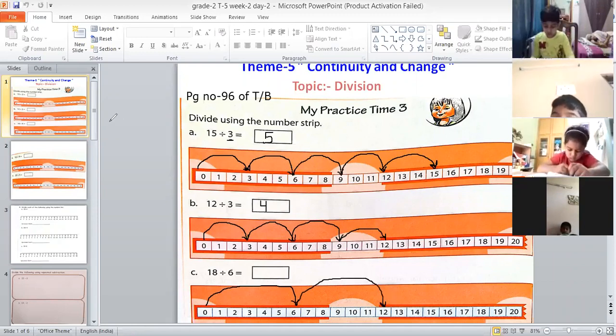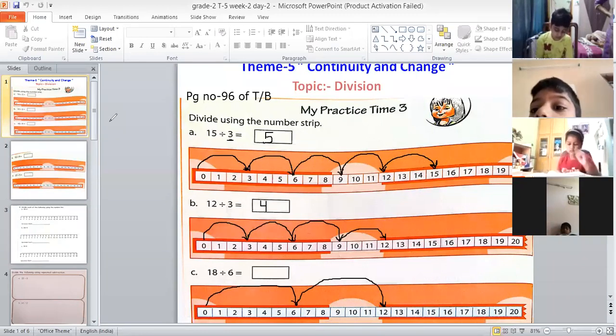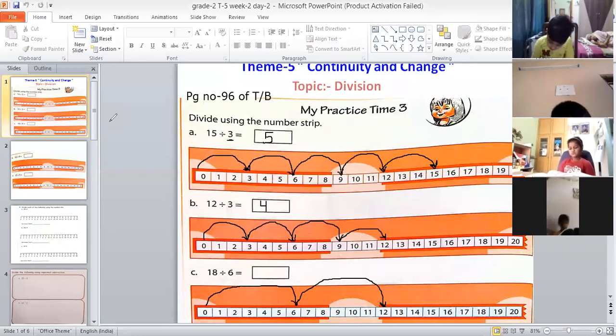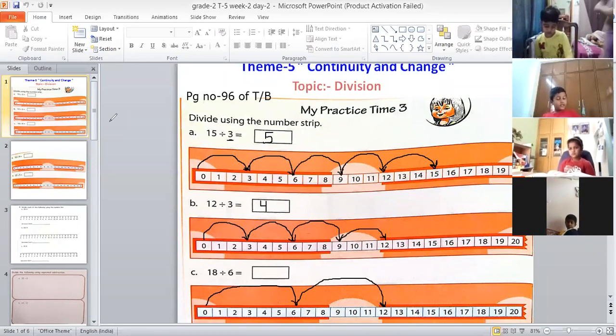Zed, what will be the next number after 12? Count 6 steps forward. No, start counting 6 steps forward after 12.